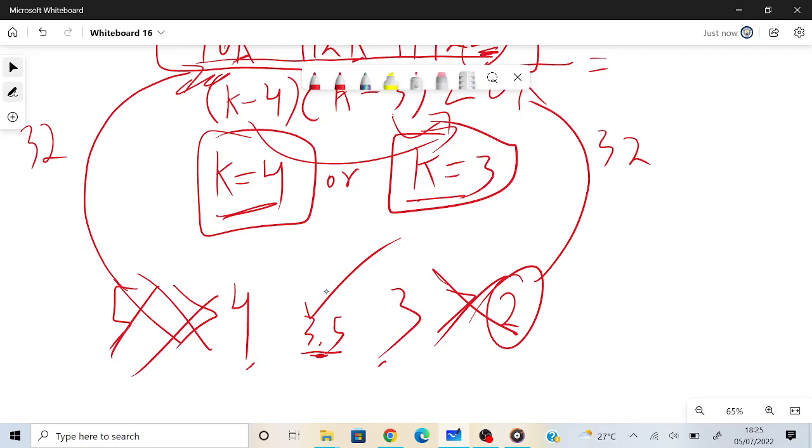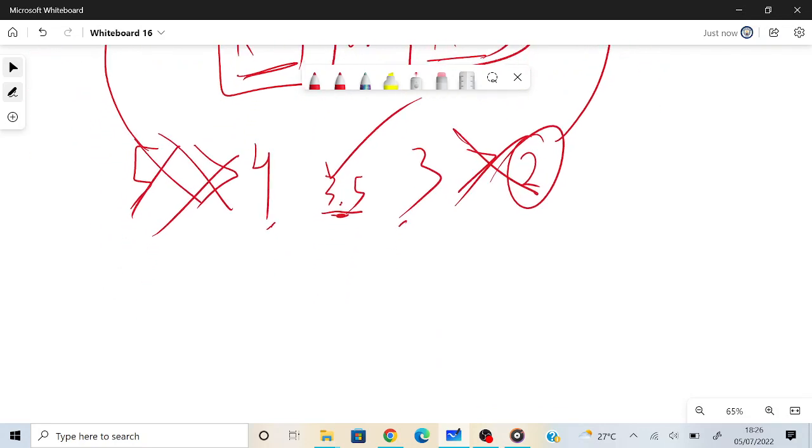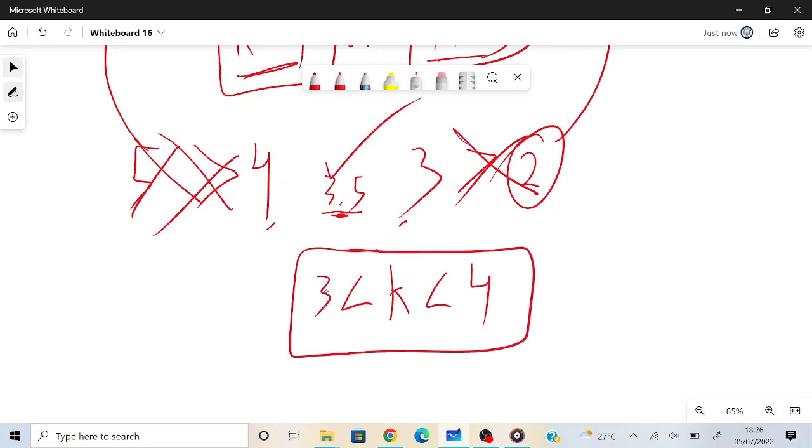That means any number between 4 and 3 will satisfy the inequality. So the way you would present your final answer is: 3 is less than k, which is less than 4. This simply means that k is in between 3 and 4.